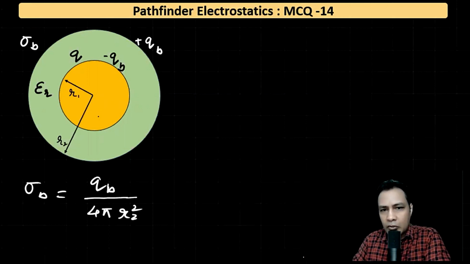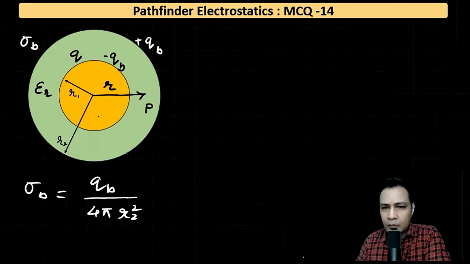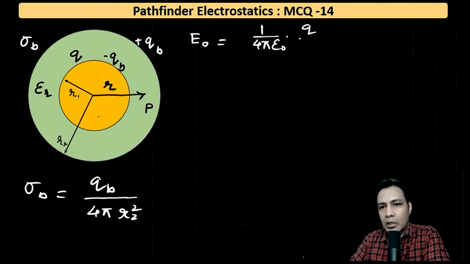let me go to a general point within the dielectric. Suppose that point is P, at a distance R from the center of the conducting sphere. If there was no dielectric, the electric field here would have been, say, E naught, equal to 1 over 4 pi epsilon naught, Q by R square.